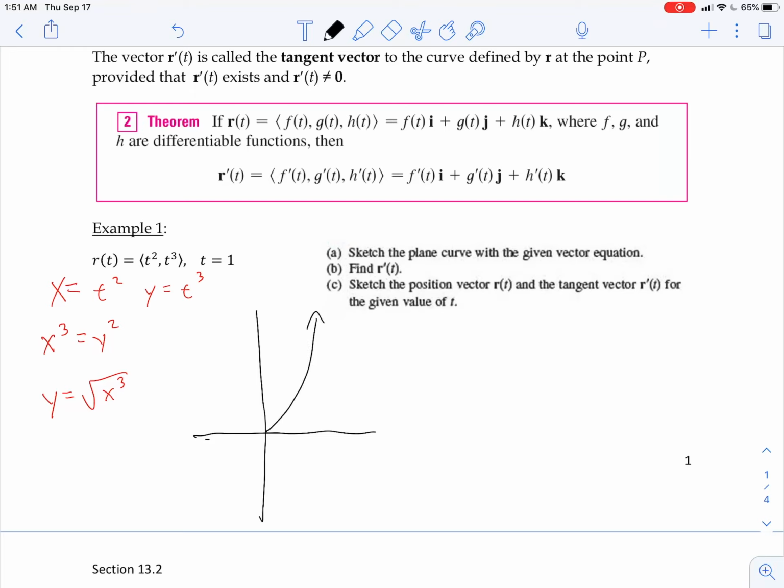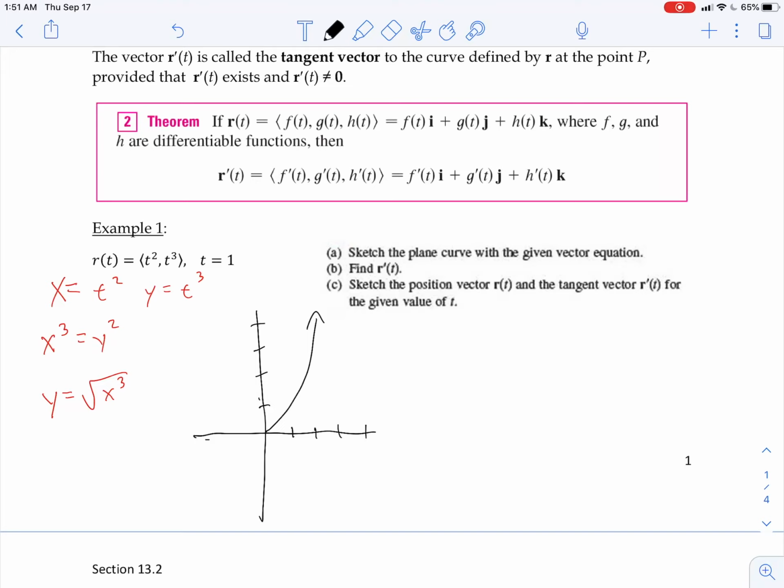Well, now it's y equals the square root, so it's going to curve upwards this way. I'm going to put a few tick marks just to help us out. Let's go to 4 for both. All right, so there's A. We sketched the plane curve with the given vector equation.